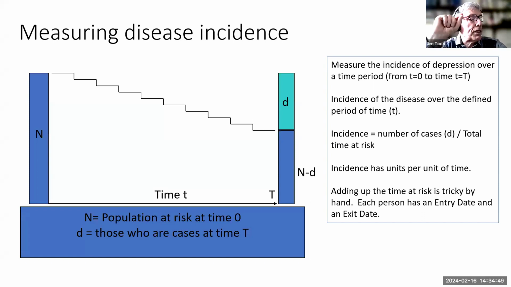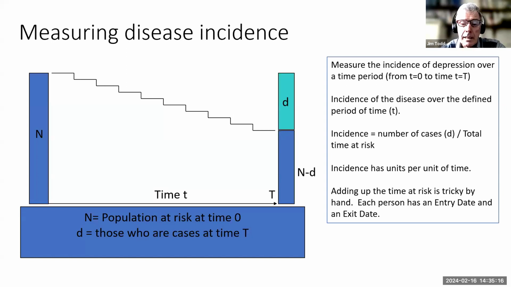So here, if someone gets a disease early on in the time period, but then gets better, they would still be counted as an incident case of the disease during that time point. So the incidence here is going to be the number of cases in the population divided by the total time at risk. And incidence does have a unit.